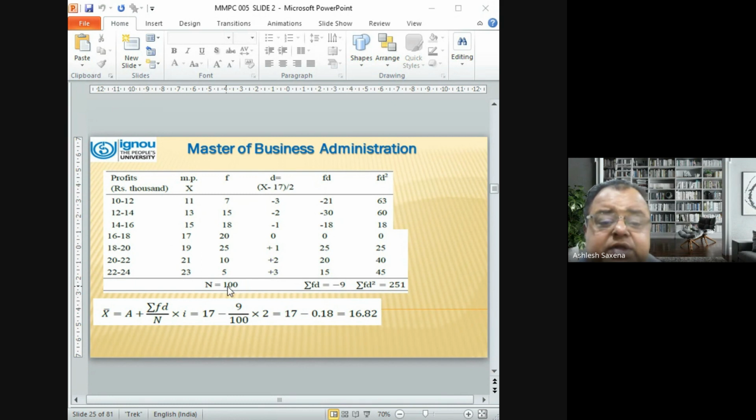Summation f is 100, and the difference is 2. Evaluated, 18 by 100 comes out to be 0.18. Subtract 0.18 from 17. It will come out to be 16.82. That means this is your mean.